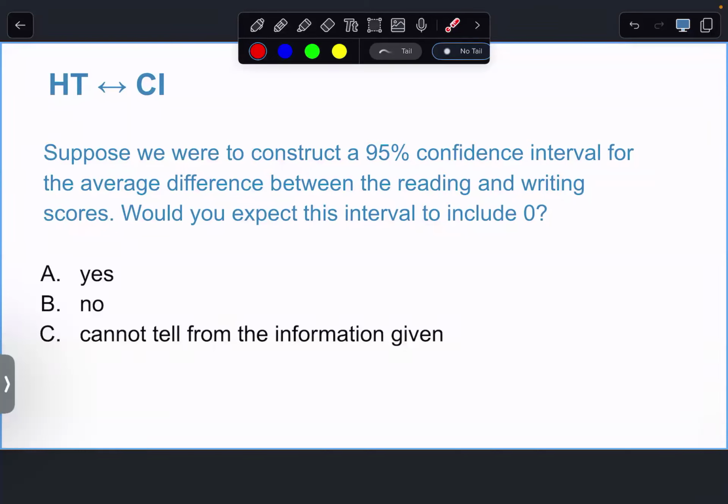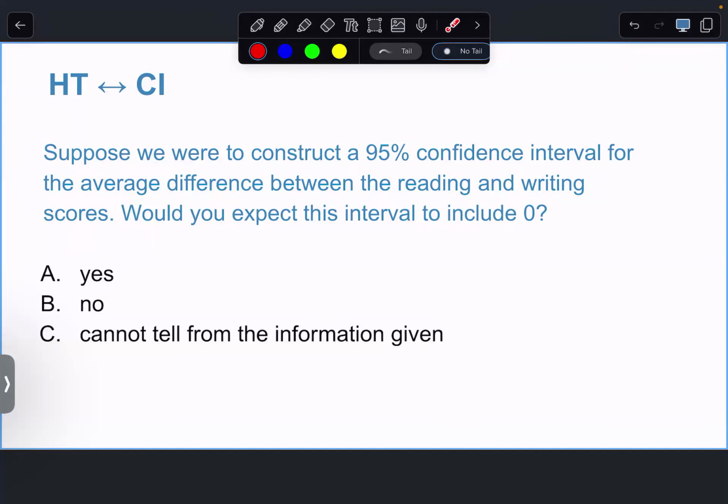I've already briefly mentioned that I can use a confidence interval to test the hypothesis, at least informally, right? And how would we do that? We say that if the null value is inside the interval, then there's no reason to reject H0. It's one of the plausible values in my confidence interval. I'm 95% confident that it's capturing the true population mean, for example, mean difference maybe.